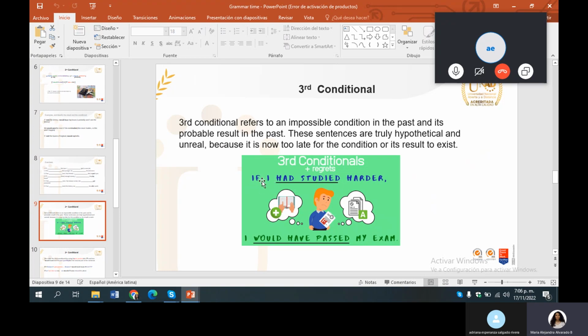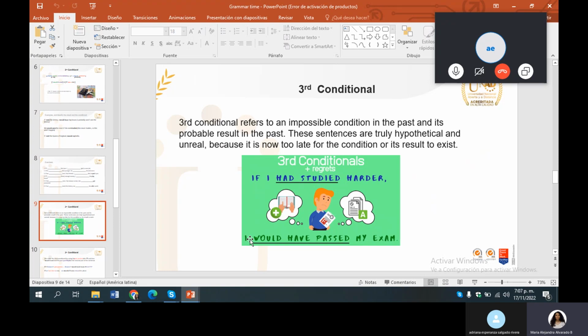For the third conditional, we use the past perfect. So here we have the conditional: if I had studied. As you can see, we have had, which represents that this part of the structure is in past perfect. And then we have a consequence.